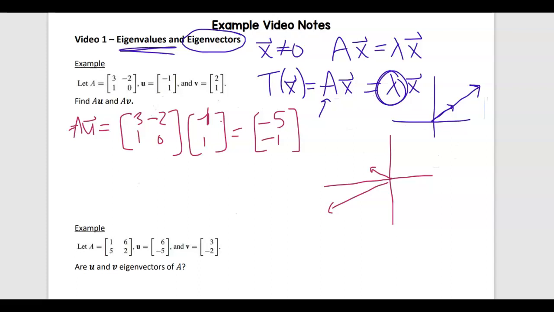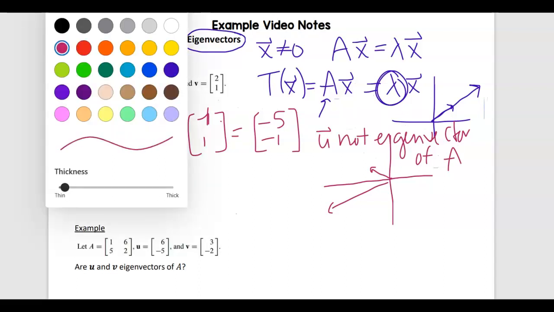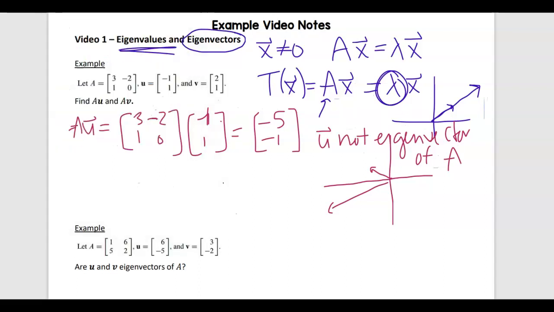So by definition of an eigenvector, we would say that U is not an eigenvector of A, okay? I didn't ask us that in this problem, but I'm just helping make some connections for you as we're learning these new definitions.